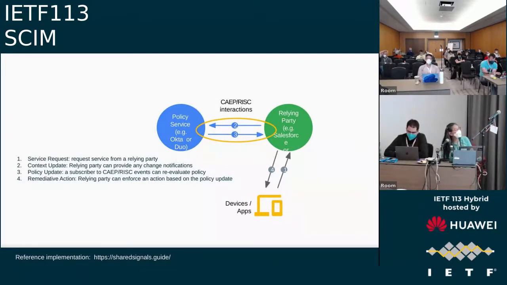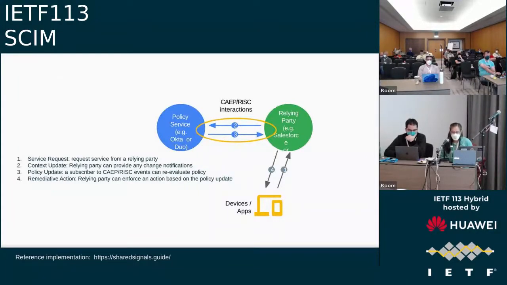Basically, the flow that's defined in the shared signals and events is in steps 2 and 3 that are being described there. Steps 1 and 2 are basically an endpoint doing the service request to a relying party.